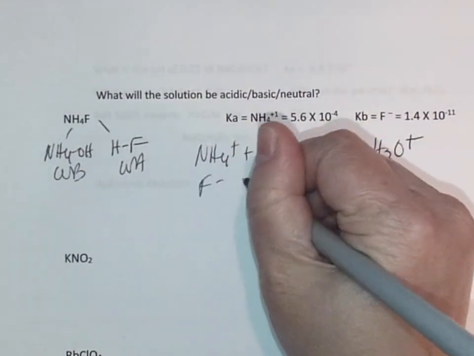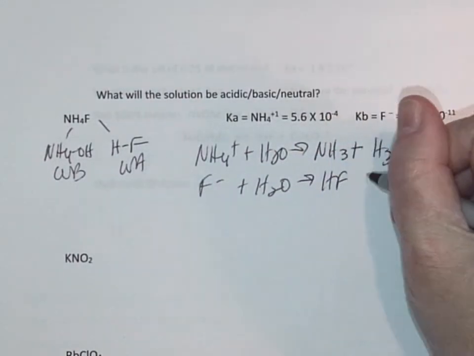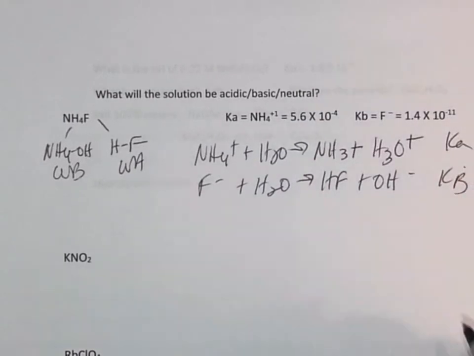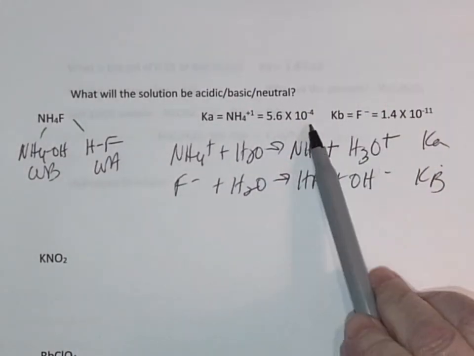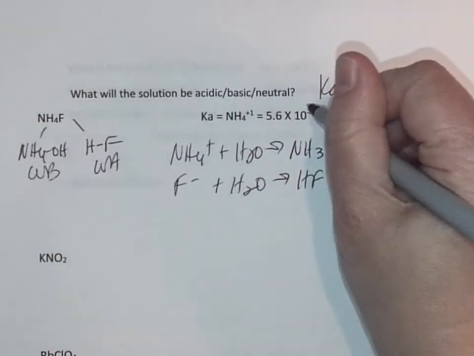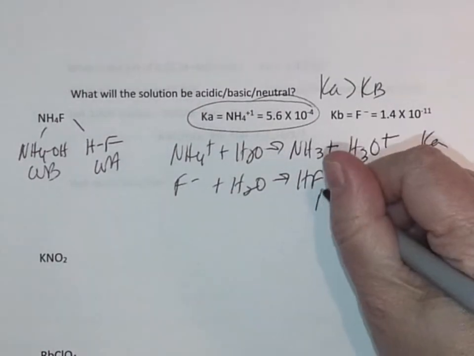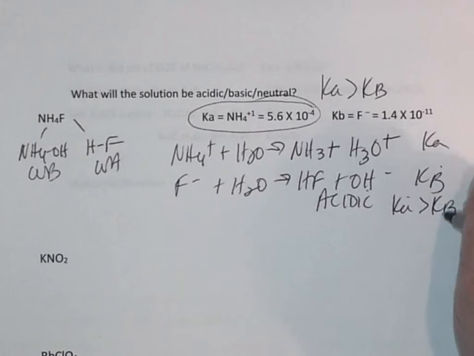And just like we did in the previous example, both of these undergo hydrolysis. One needs a Ka, one needs a Kb. So we have the values up here saying that the Ka is larger than the Kb. So this is the one that's going to determine the pH. It will be acidic just because Ka is larger than Kb.